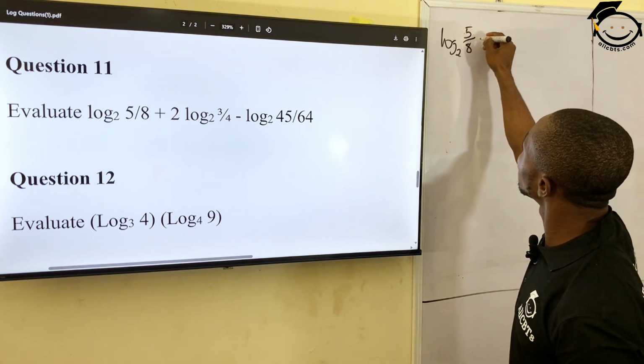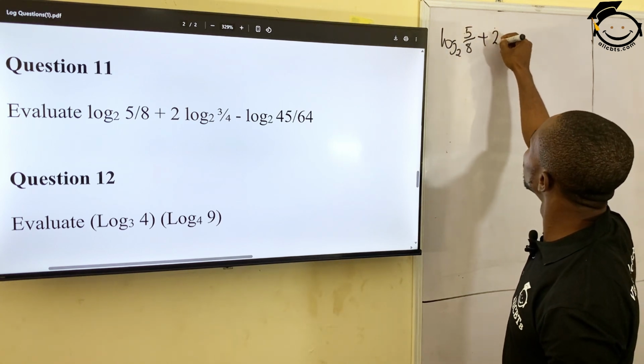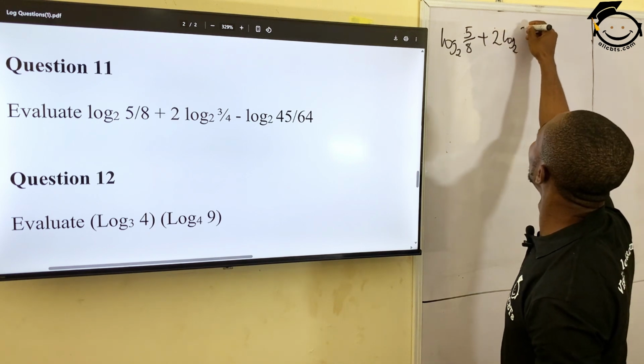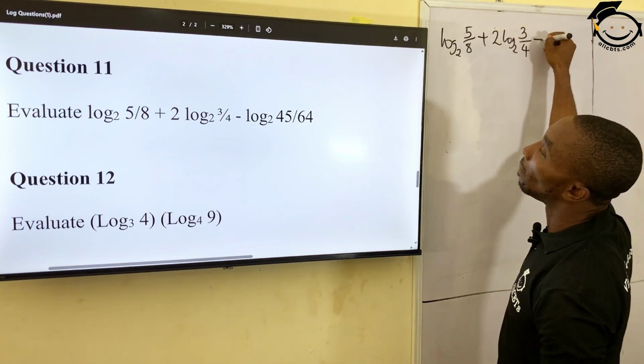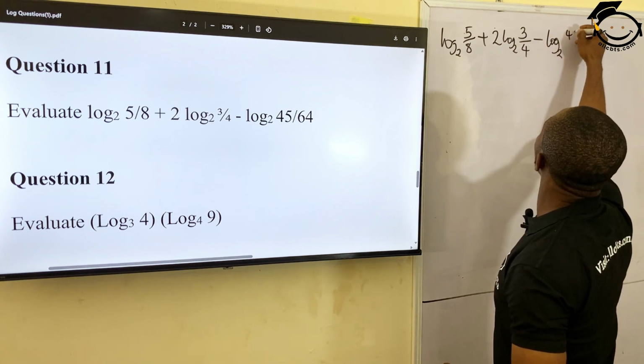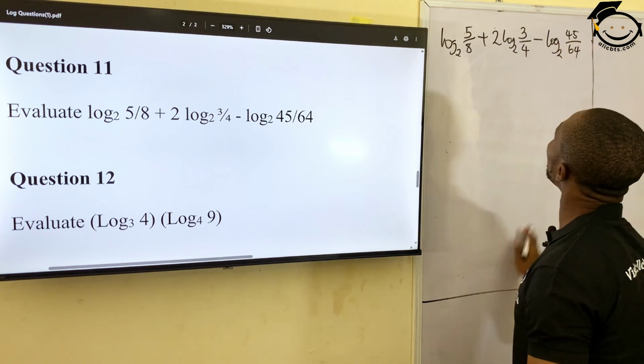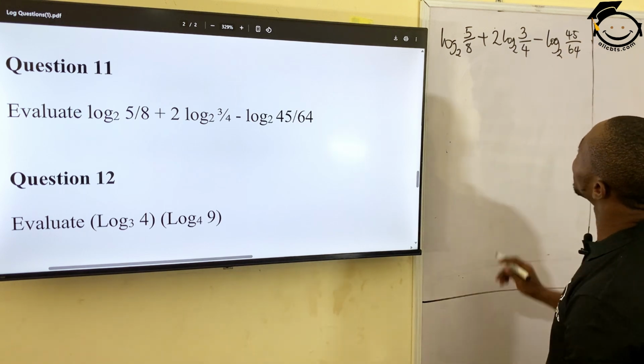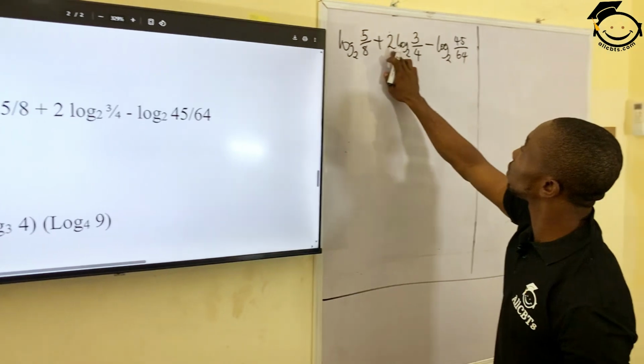Evaluate log_2 (5 over 8) plus 2 log_2 (3 over 4) minus log_2 (45 over 64). All right, in doing this, let's convert this.